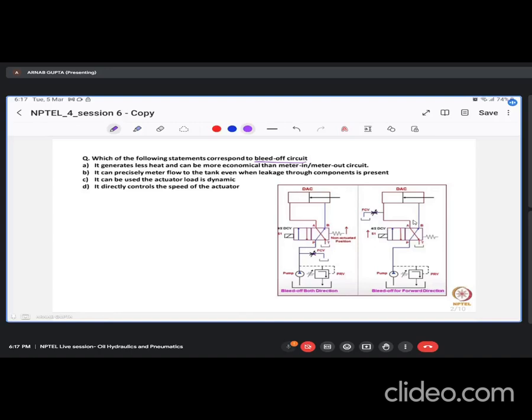It generates less heat and can be more economical than meter in or meter out circuit. So this is true because you are not directly causing a pressure drop along the system line. What you are doing, as you can see in this particular figure, is bypassing the flow from the main line to the tank through this flow control valve.